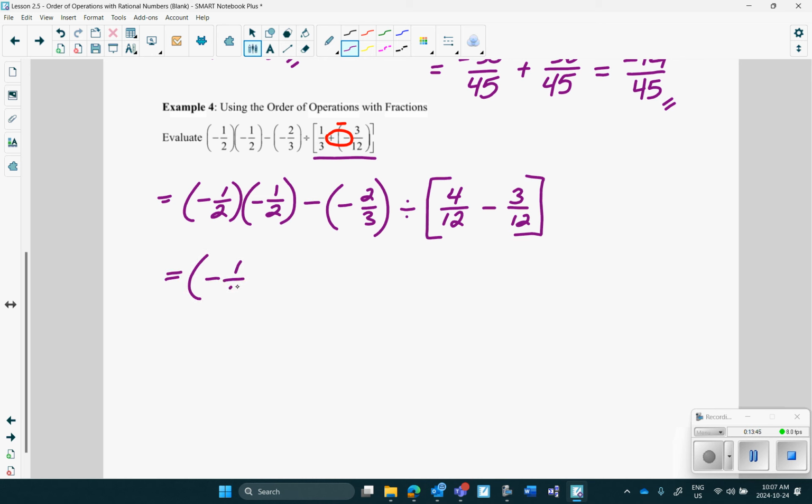Again, I'm not touching this stuff, but I want to rewrite it to keep myself organized. And when I subtract those two, I get 1/12. You can leave it in the brackets if you want. You don't have to. Okay?